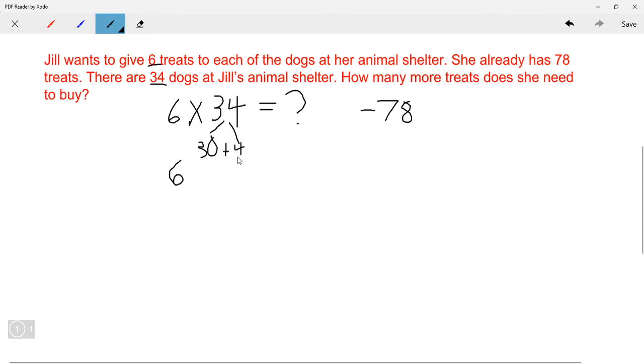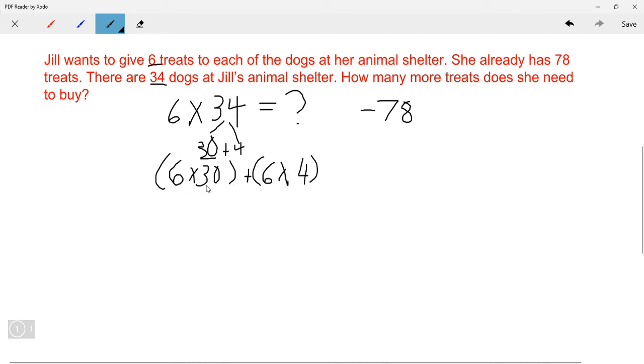So we're just splitting it up into expanded form. And then we're multiplying the 6 by each of these. So 6 times 30, and then plus 6 times 4.